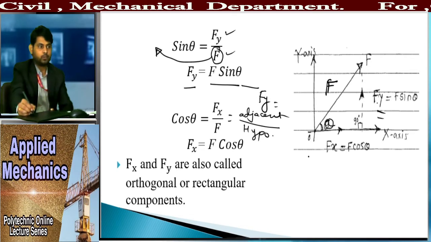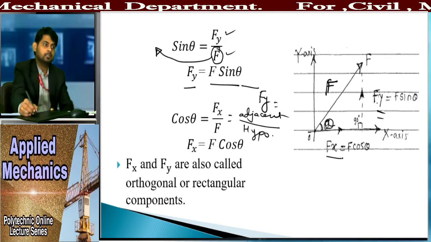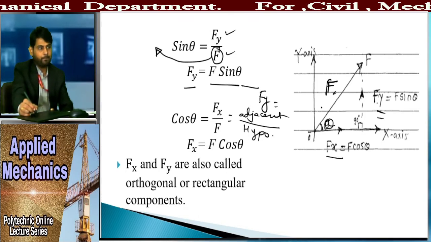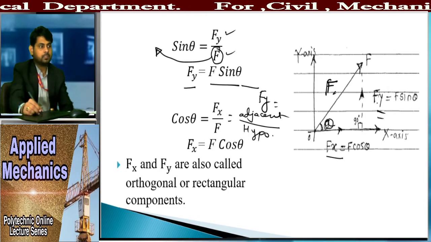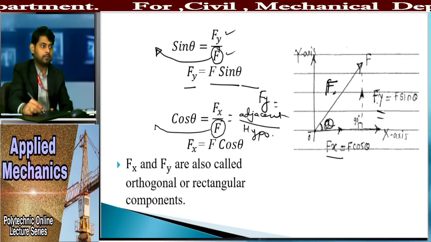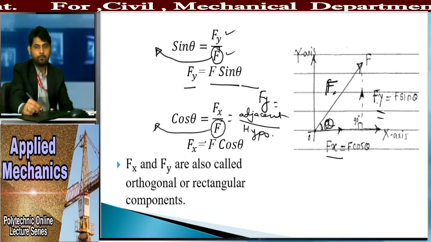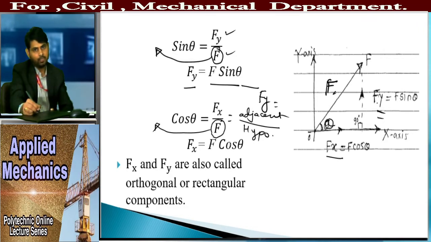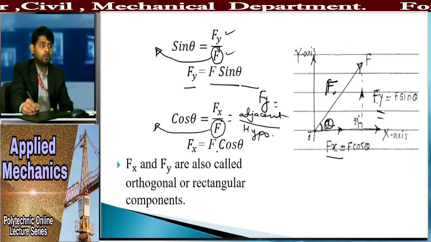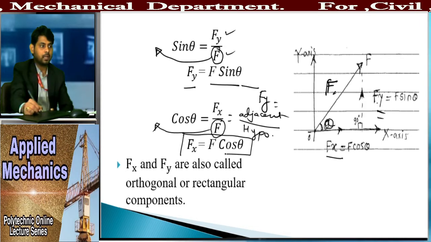Now cos theta is equal to Fx divided by the hypotenuse. Again we shift F to the left side and it becomes a multiplication. So Fx is equal to F cos theta. This is the value for the horizontal component and the other is the value for the vertical component.